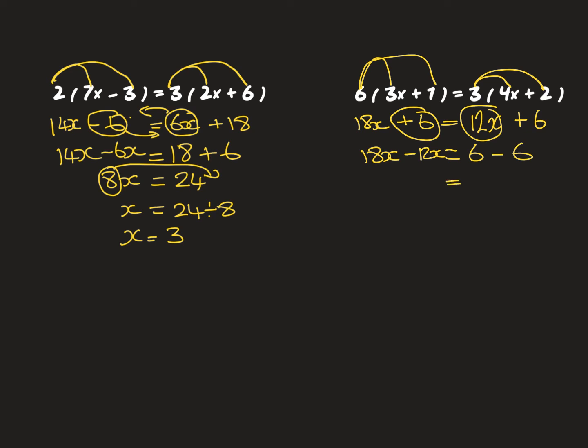So 18x take away 12x leaves me with 6x. 6 take away 6 leaves me with 0. So we're now going to divide by 6, so x is equal to 0 divided by 6. So x is equal to 0, because 0 divided by 6 is 0. So the value of x is 0 in this equation.